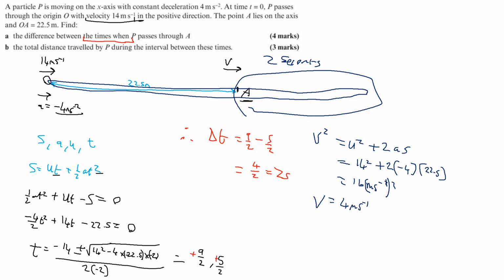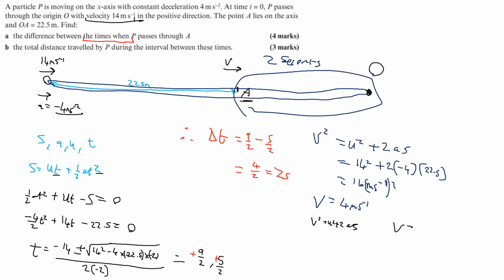So now what we want to do is we need to realize, what is the velocity here going to be? 0. Why? Because it's decelerating and then it's turning the corner. So we now know that our velocity is 0. So all we need to do to work out that distance is the same formula. V squared equals u squared plus 2as, right?